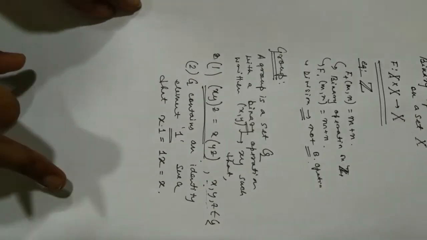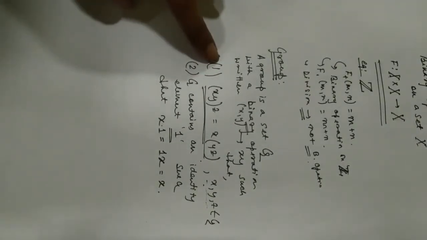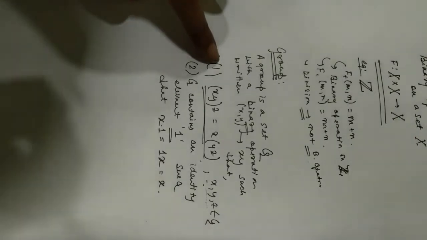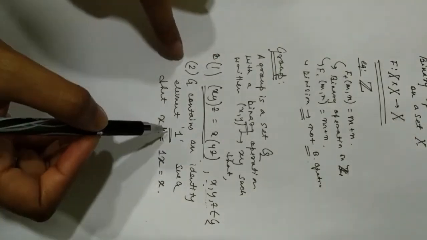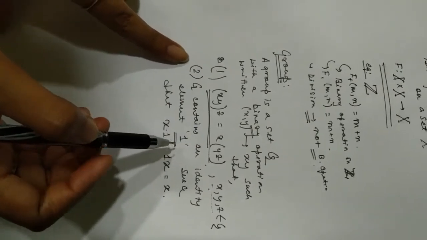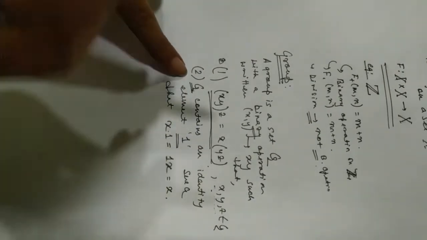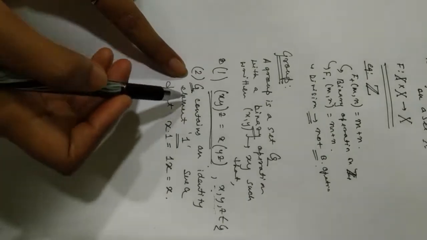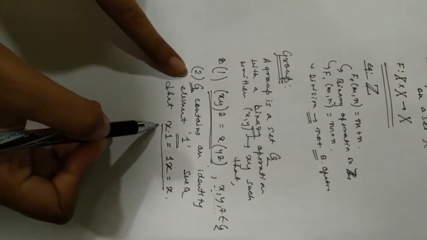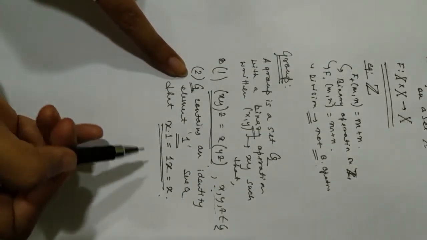So the elements of a group need to follow the associative law. There needs to be an identity element which is constant for the group. That means one identity element has to be there in a group which follows this rule.